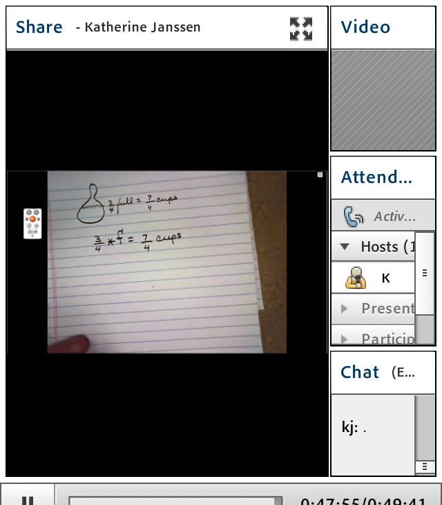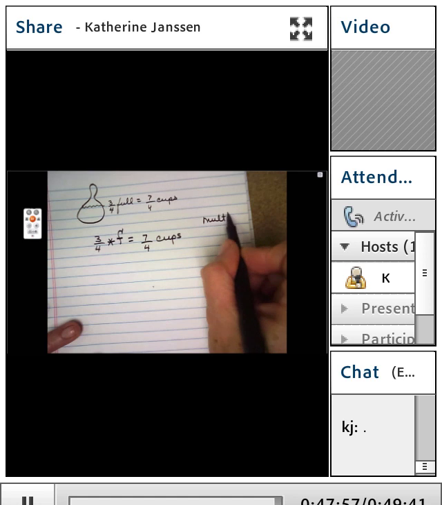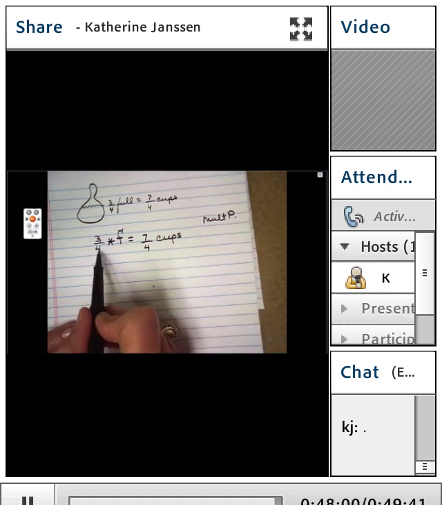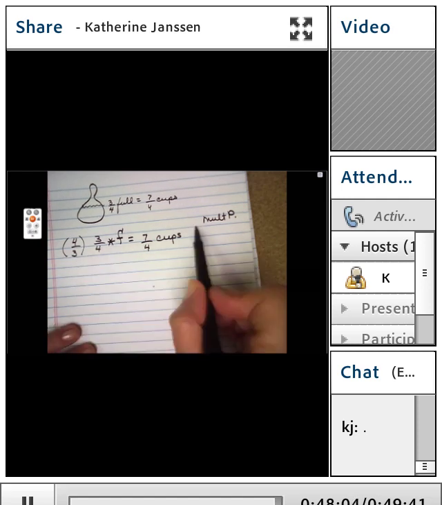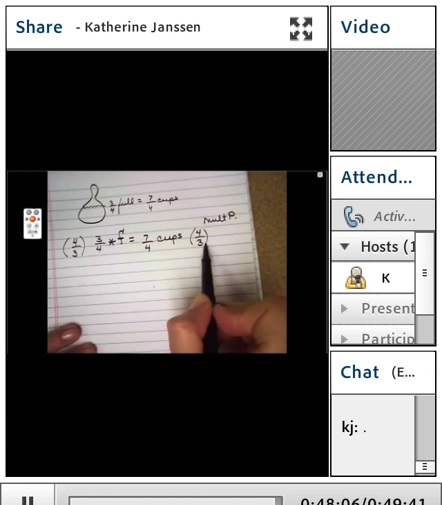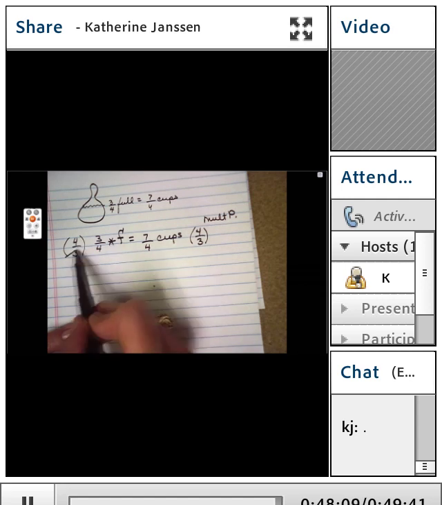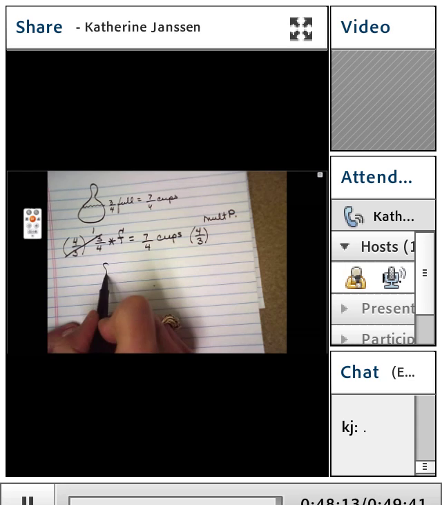We're going to use our multiplication principle. We're going to multiply by the reciprocal, 4/3, on both sides of our equation. This goes to 1. A number times its reciprocal is 1. 1 times f would be f equals.